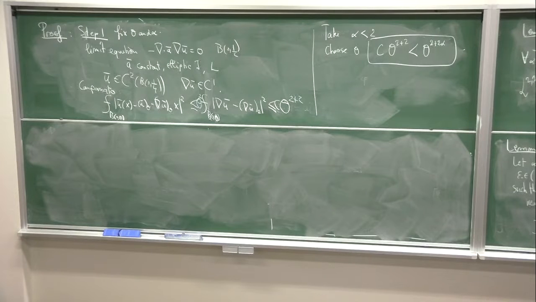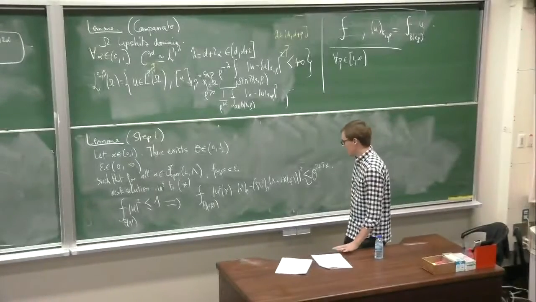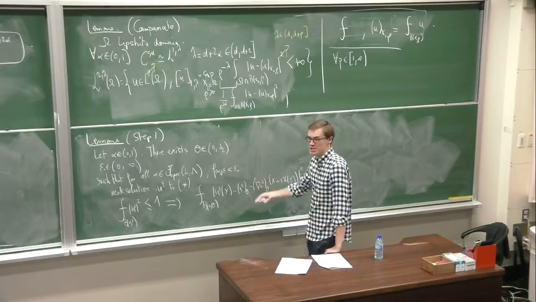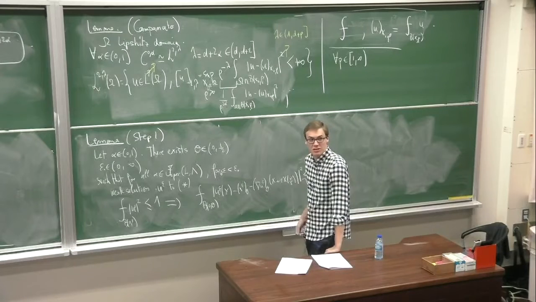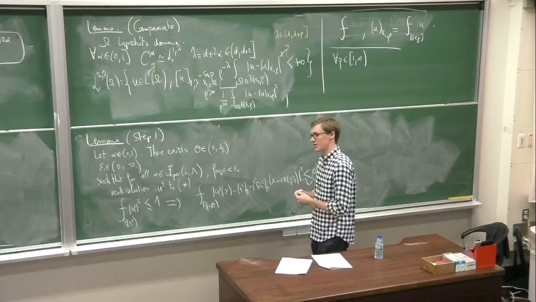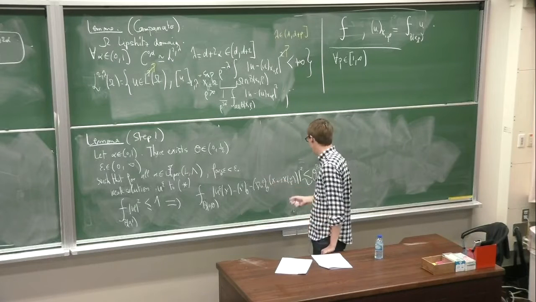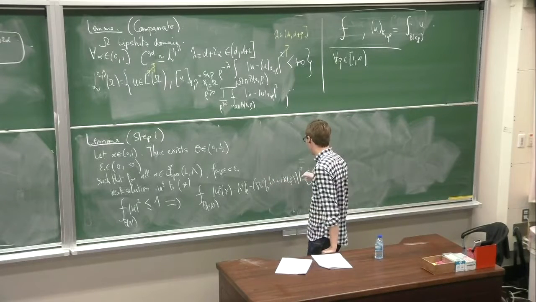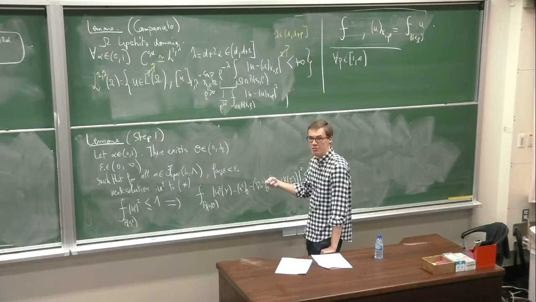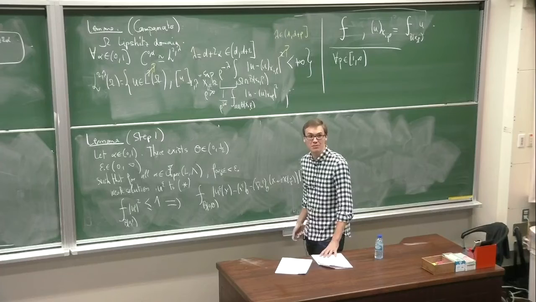But this is a C1 alpha improved estimate, so this is actually better than the Lipschitz estimate we are trying to prove. So the idea is that on these large scales, you will get actually better than the Lipschitz bound, but you will get a C1 alpha bound.